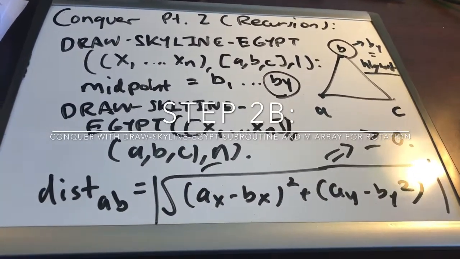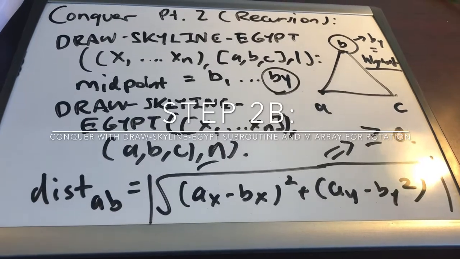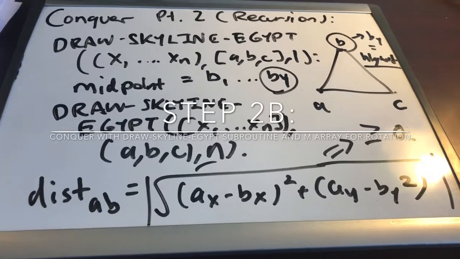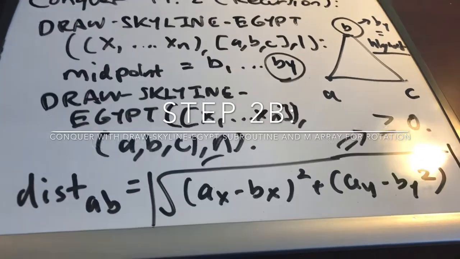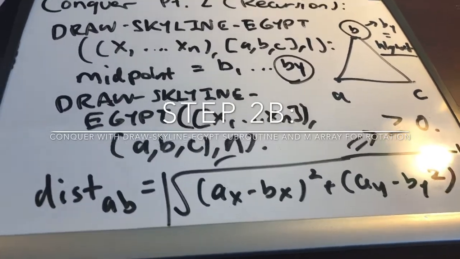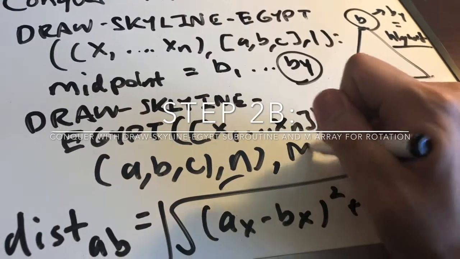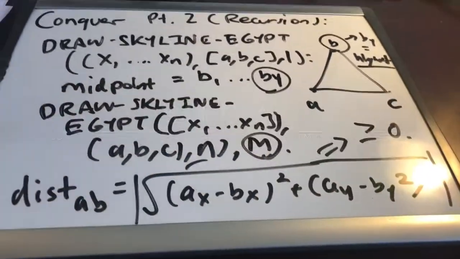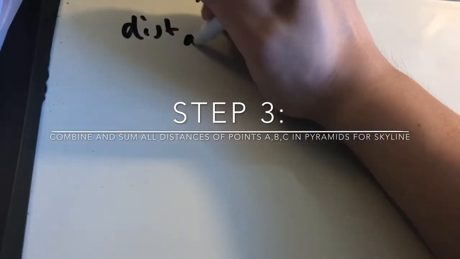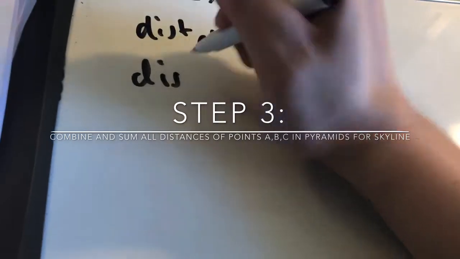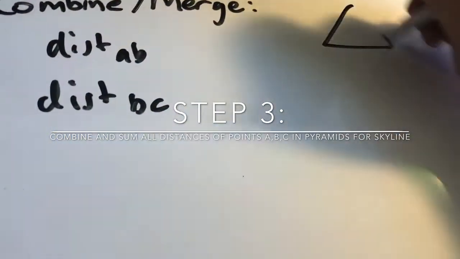So let me finally wrap up this algorithm with the combine merge and then the runtime. It's a very fast algorithm, but takes a little bit of thinking to do. In addition, we also make sure we don't forget to call the M array on each of the pyramids as well. Wrap the algorithm with combine and merge. So we have the two distance formulas. We have dist AB and then we have dist BC for each of the pyramid skylines.